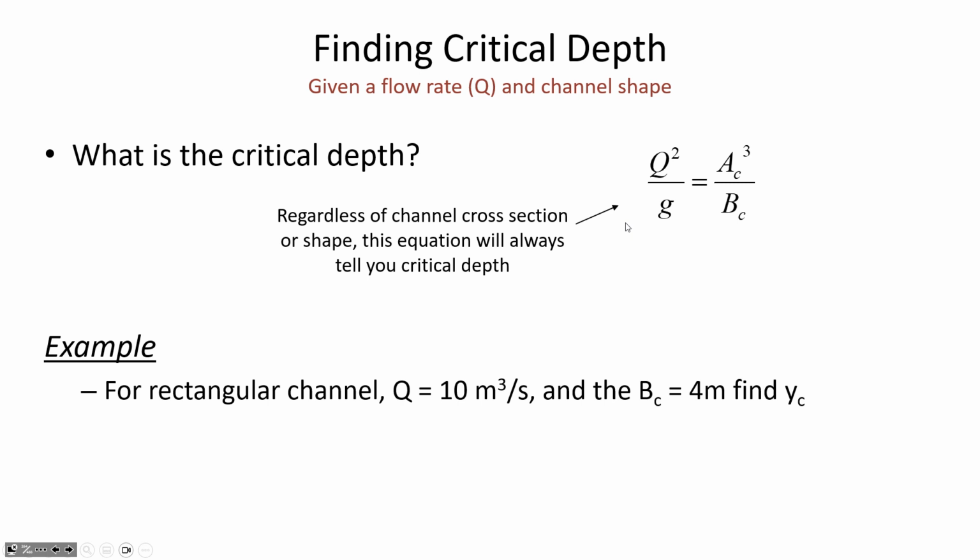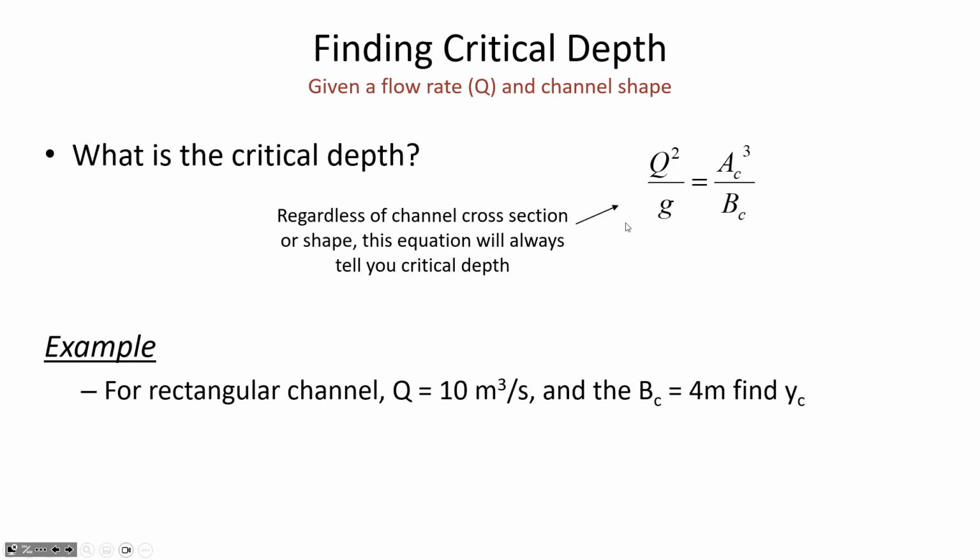The top width, B, is the same if you've got a little bit of water or a lot of water. So B is always 4. And Q squared would be 10 squared divided by g, 9.81, is equal to the area under critical conditions.